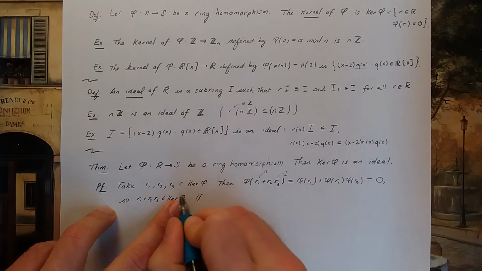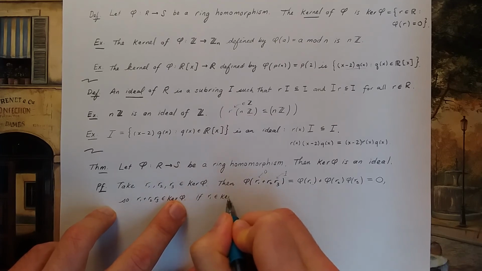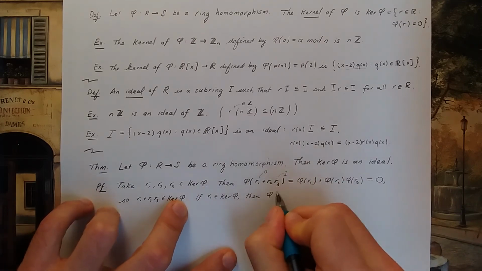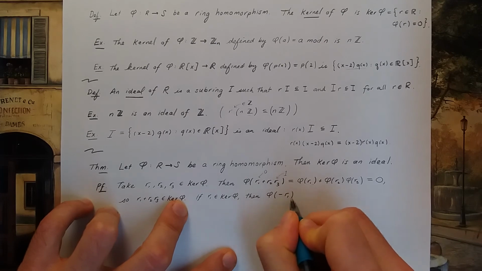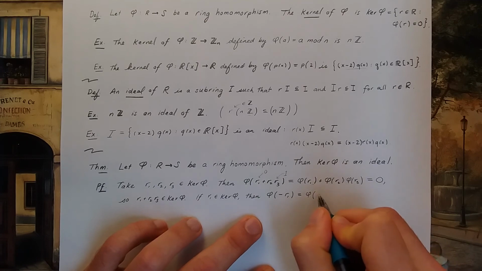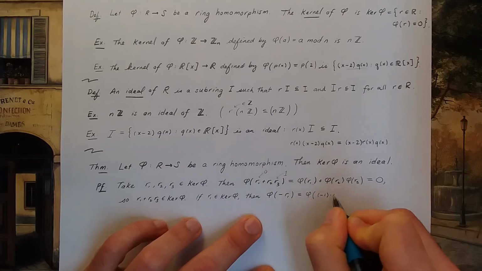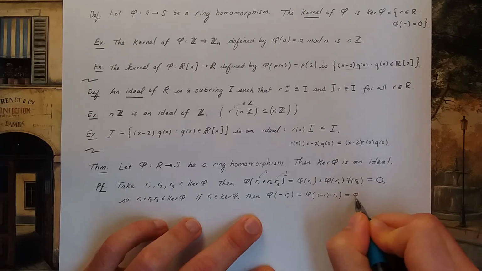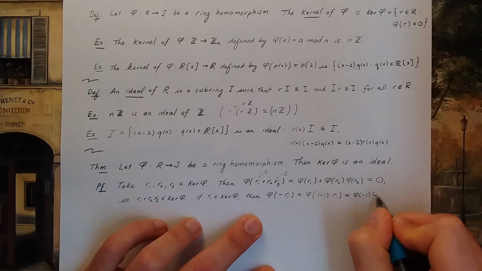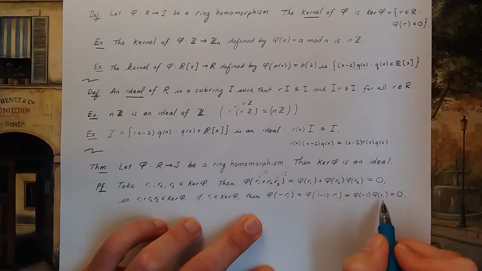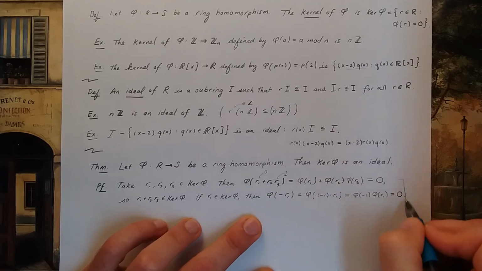So if r1 is in the kernel, then phi of negative r1, well, that's the same as phi of negative 1 times r1, which is phi of negative 1 times phi of r1, which is 0. So I also have additive inverses in the kernel. This shows I have a subring.